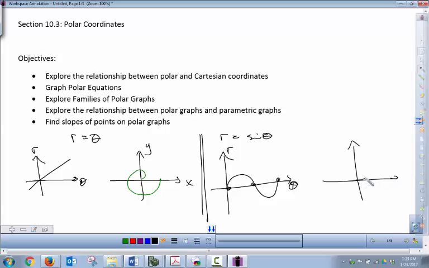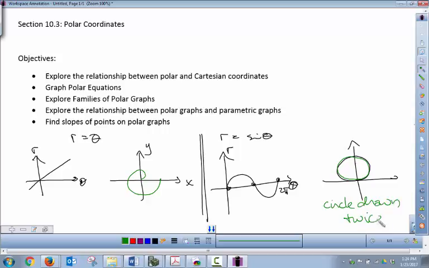And realized that the graph turned out to be a circle, and if you go all the way to 2 pi, it's a circle that's going to be drawn twice. Let's take a look at the circle again a little bit closely.